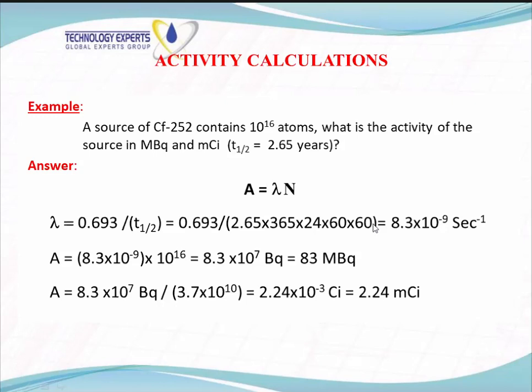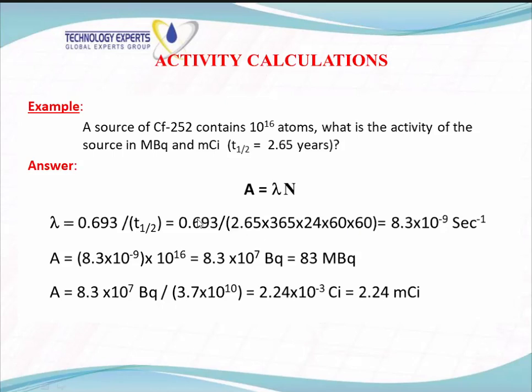A common mistake on the calculator: saying 0.693 divided by 2.65 times and so on. If you do something like this, it's wrong. You must put brackets here, and when we finish, close the brackets, so 0.693 is divided by all of this.